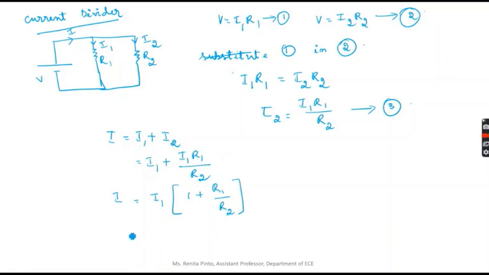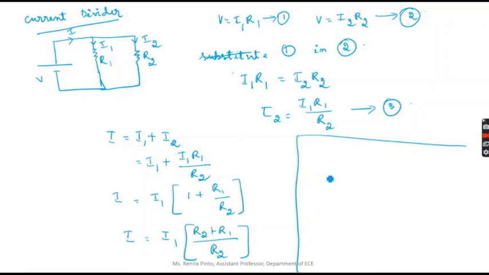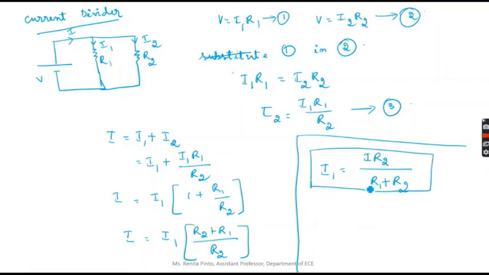So you can also write it as I is equal to I1 into (R2 plus R1) divided by R2. So from this, I can write I1 as I into R2 divided by R1 plus R2. So this is your current divider equation for current I1.